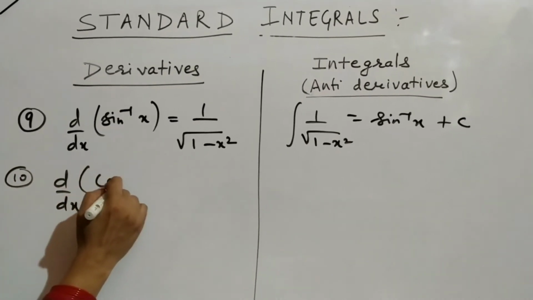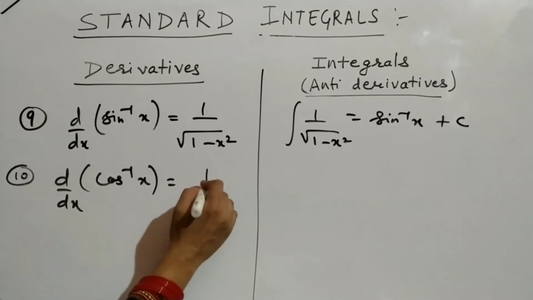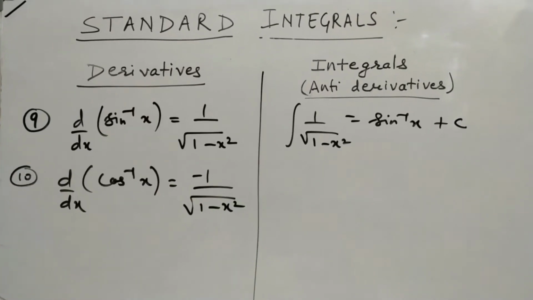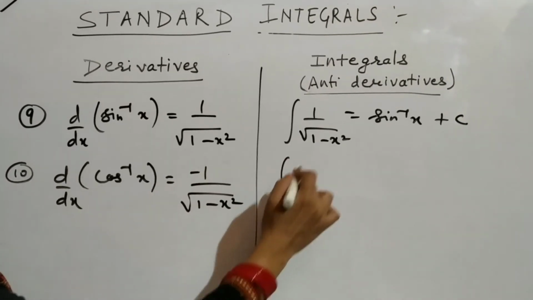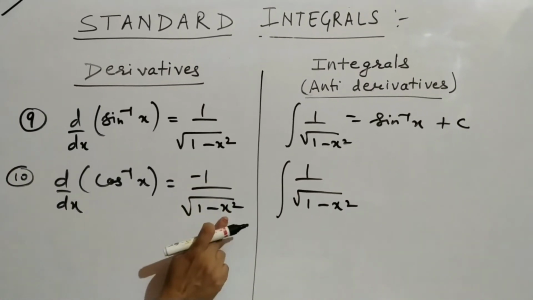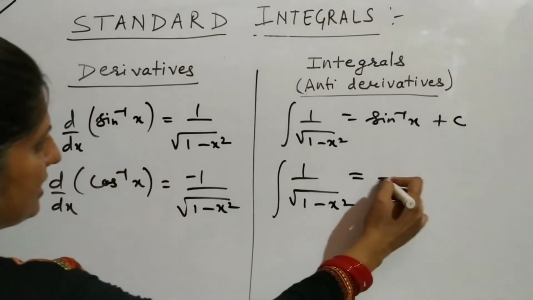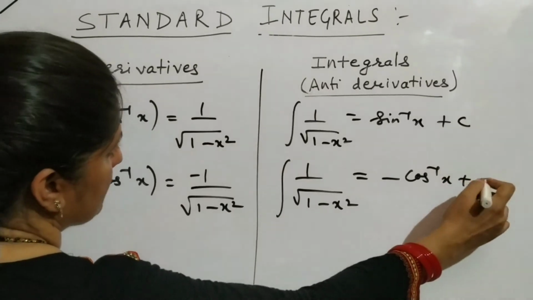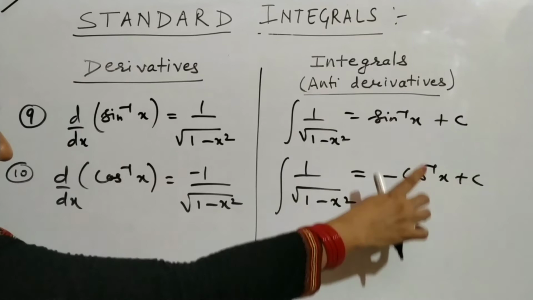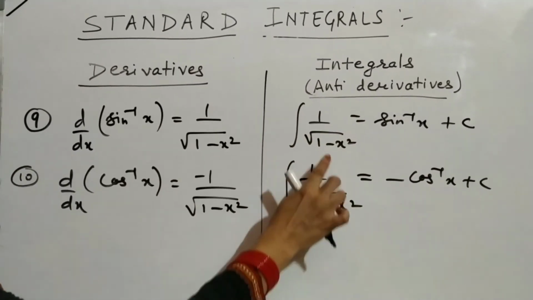Now, the derivative of cos inverse x with respect to x is equal to minus 1 upon under root 1 minus x square. That implies the integration of 1 upon under root 1 minus x square is equal to minus cos inverse x plus c. Both of these are integrals of 1 upon under root 1 minus x square.